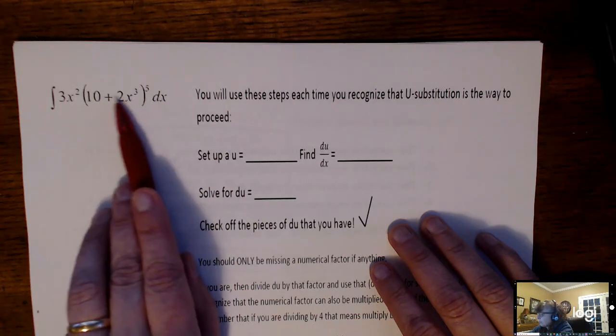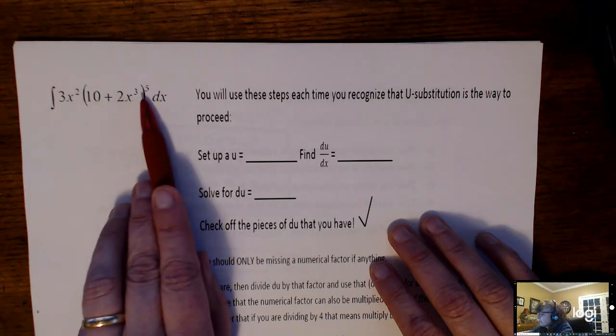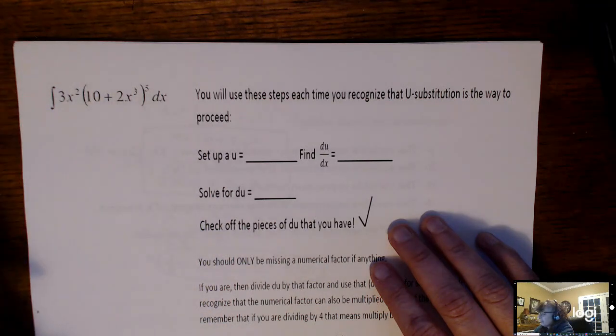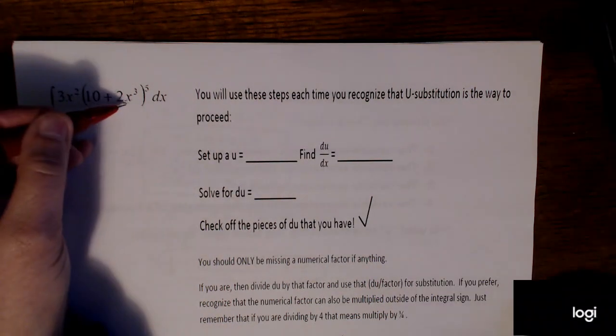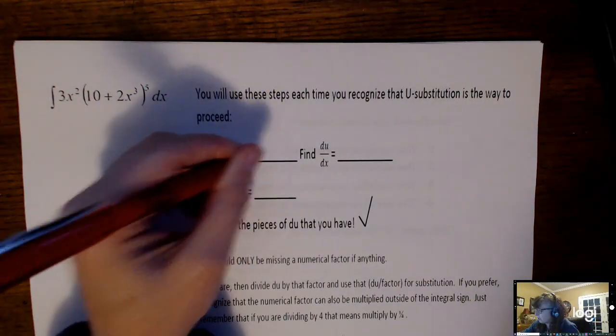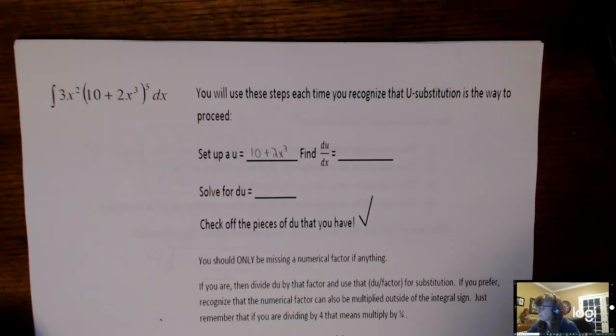So basically, whenever you have a binomial or a trinomial in parentheses to a power, that's a U substitution problem. And so what you're going to do is let U equal what's inside the parentheses. This is our big ticket item. So I'm going to let U equal 10 plus 2x cubed.